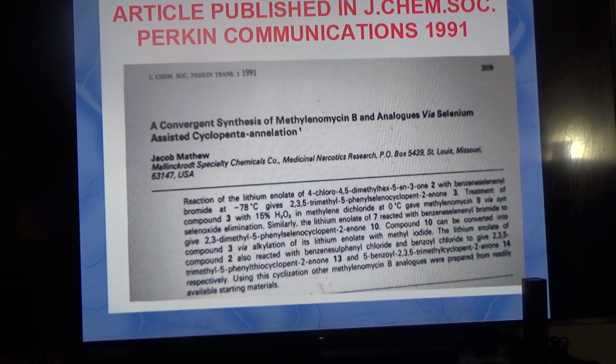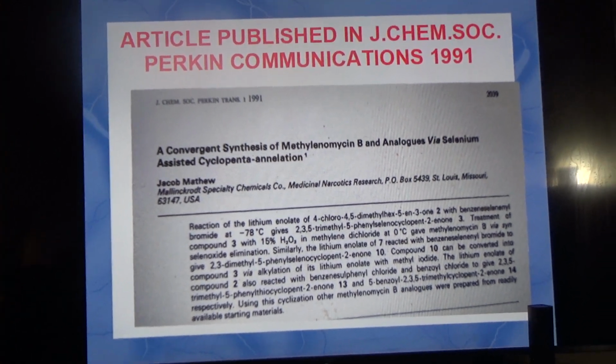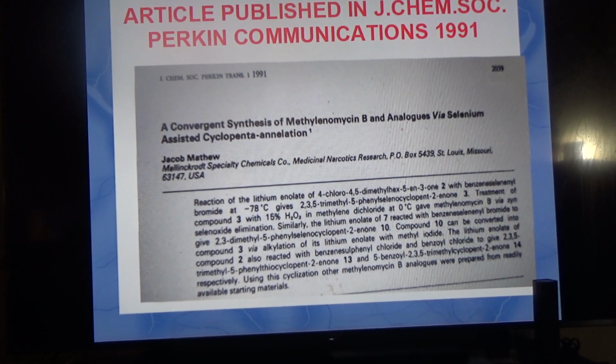We were interested in cyclopentenones obtained from the alpha-chloro beta,gamma-unsaturated ketones, and fortunately we came upon this synthesis quite by chance. We were reacting the lithium enolate of, for example, the 4-chlorodimethyl-hexenone with some nucleophiles and electrophiles, and we were also interested in cyclization to give the cyclopentenones.